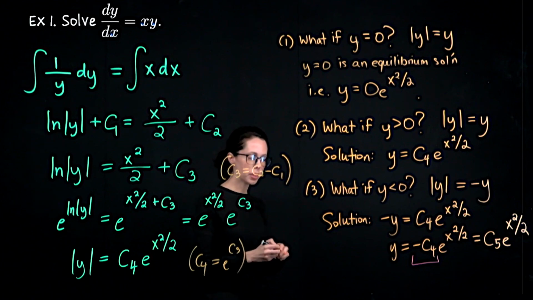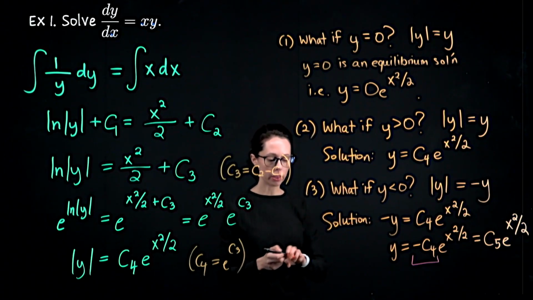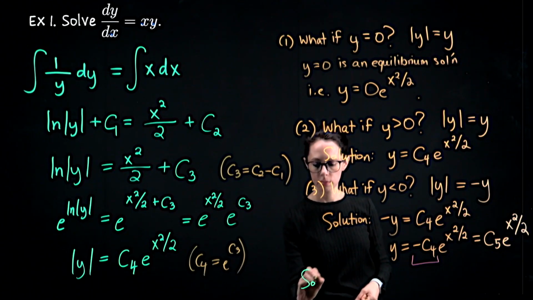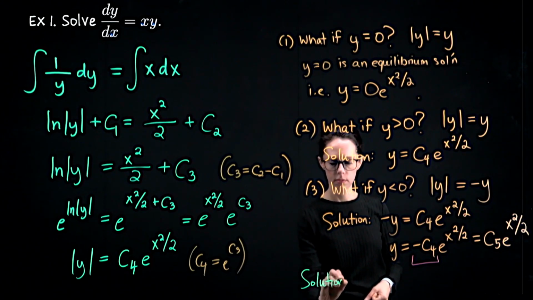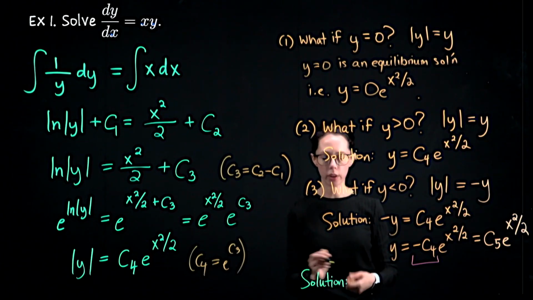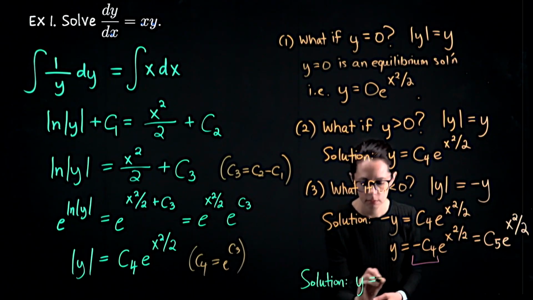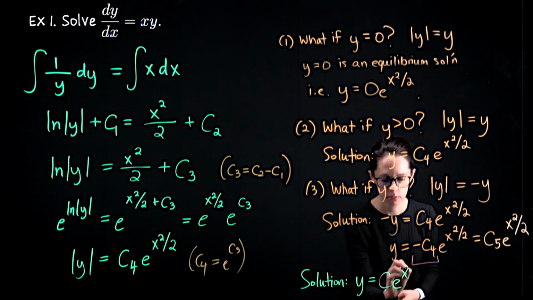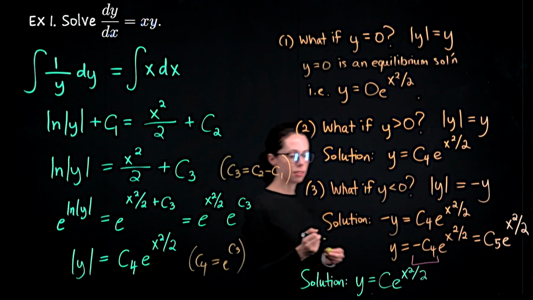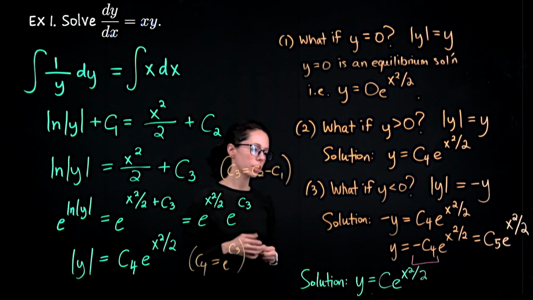So the general form of the solution is going to summarize all three in just one line. We'll say the solution is y is a constant times e to the x squared over 2. This is the form of the solution to this differential equation.